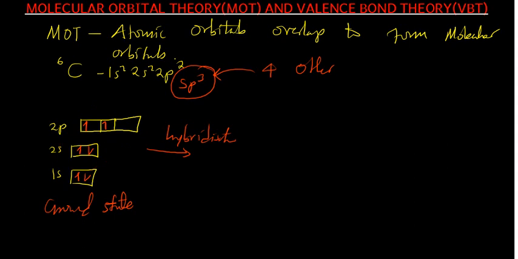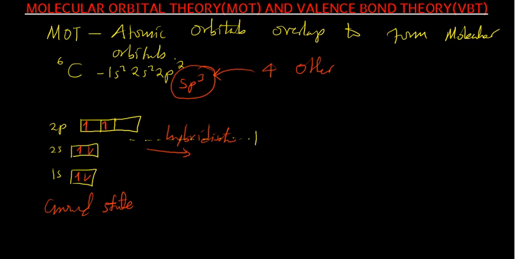Looking at these two, this one is higher in energy than that one. But when they hybridize, they become degenerate, meaning they have the same energy. So it will be at that level where the hybridized ones come.